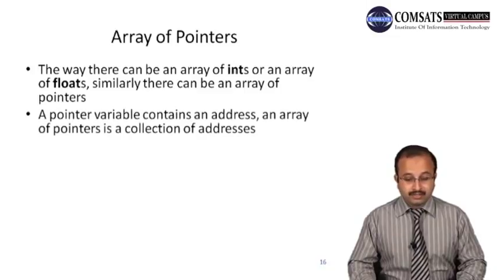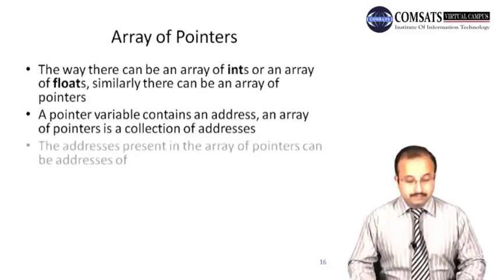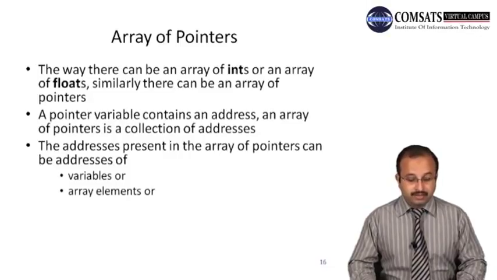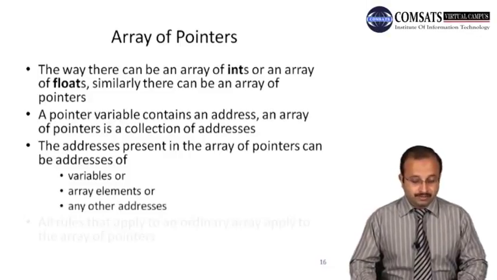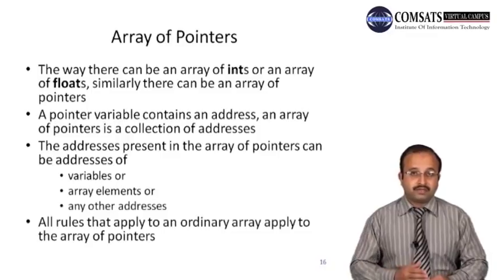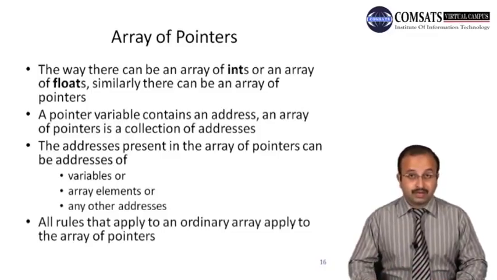A pointer variable contains an address. An array of pointers is a collection of addresses. The addresses present in the array of pointers can be addresses of variables or array elements or any other addresses. And all rules that apply to an ordinary array apply to the array of pointers. That means it starts with the 0th index, it has some size.